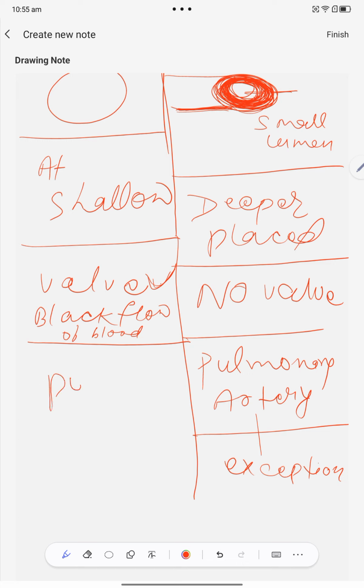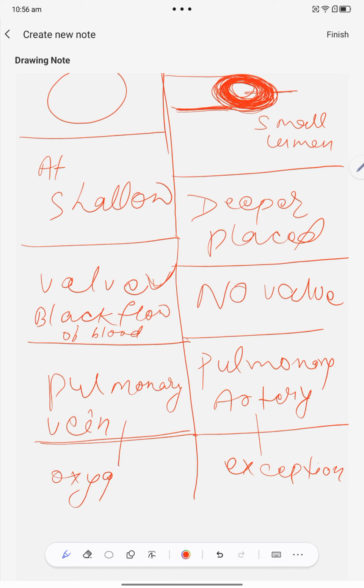And here, the pulmonary veins, since they are veins, should carry deoxygenated blood, but they carry oxygenated blood. So these are the differences between the artery and veins.